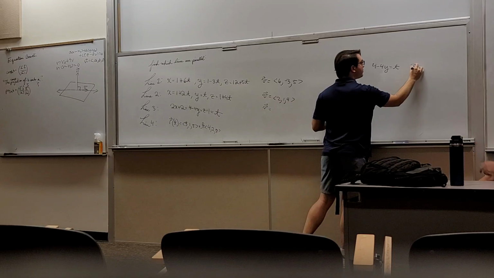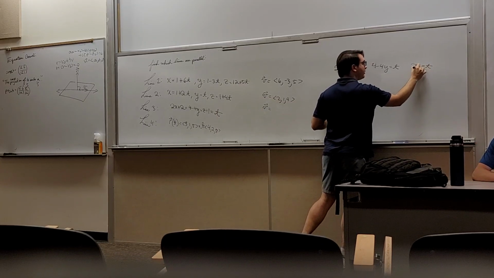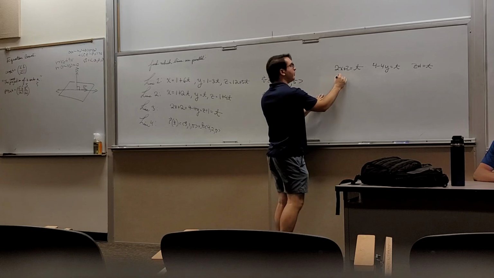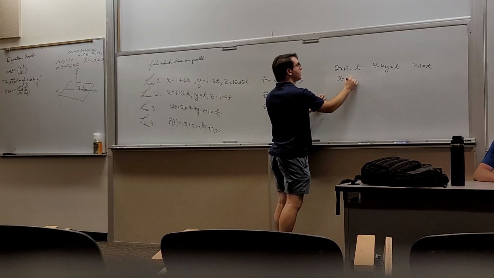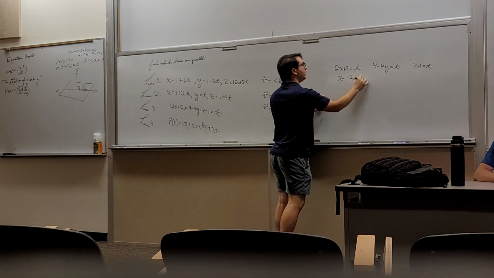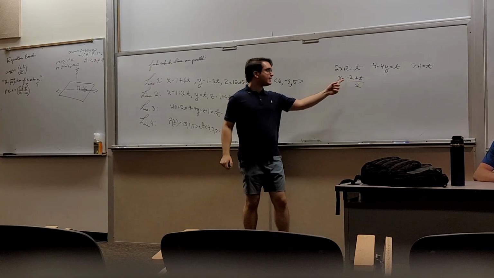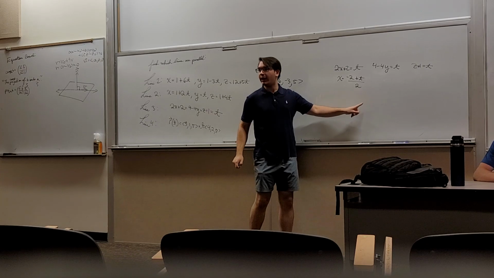And z plus 1 equals t. Right? So if I rearrange so I get x by itself, I'll find that x equals negative 2 plus t all over 2. Right? So my t component here is 1/2.